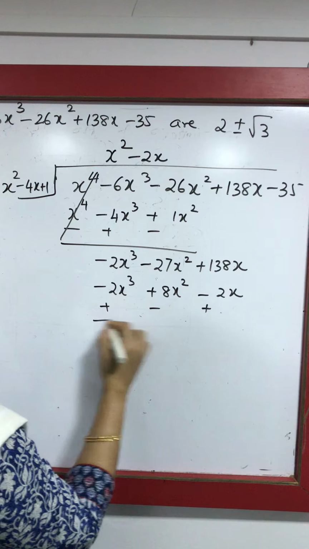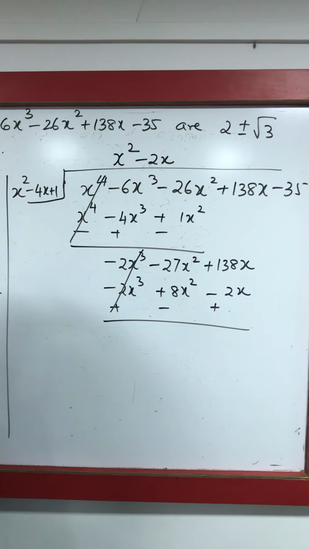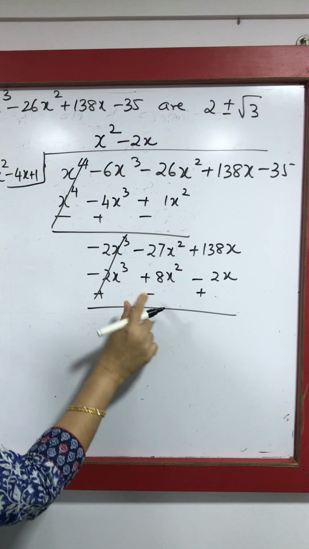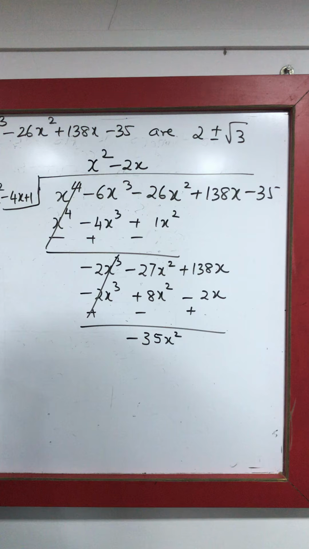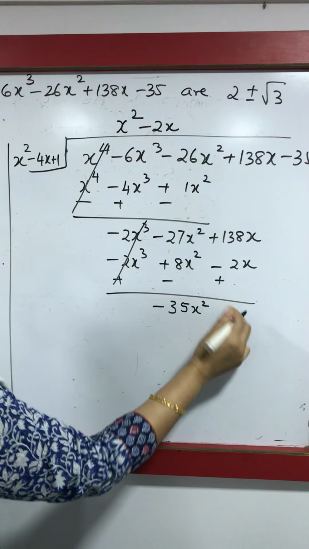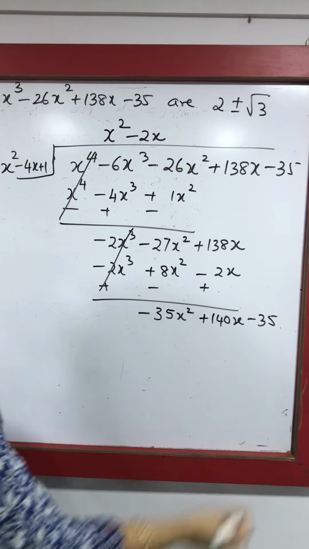Change sign, cancel the first term, add these two terms because both are negative, and the addition of this will be 35x square negative. The sum of this will be 140x, and 35 we bring down.